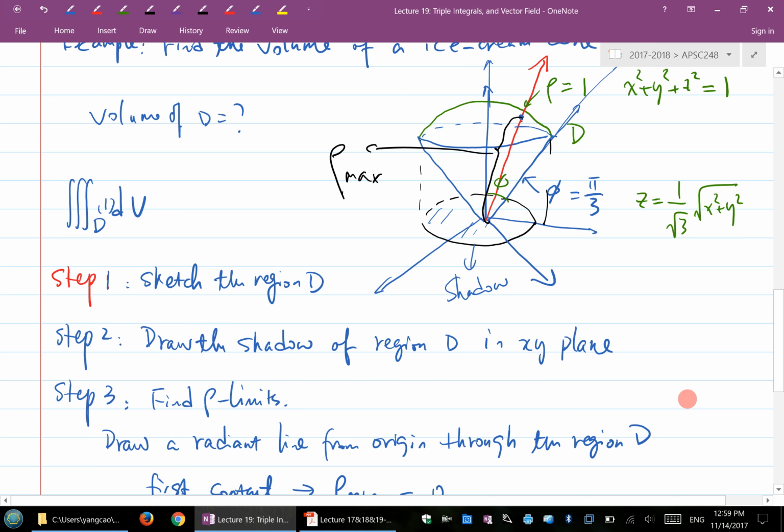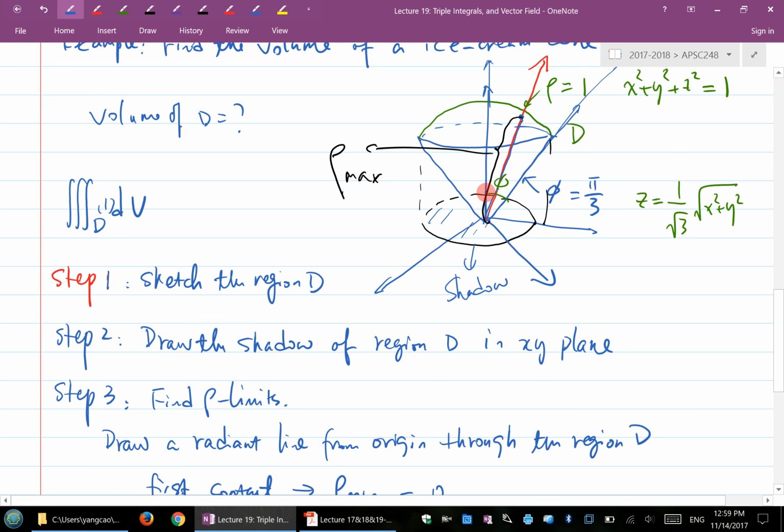The region is D here, so you're sweeping through or regenerating this region D. The first step, we created a line segment, sweeping in this rho direction.